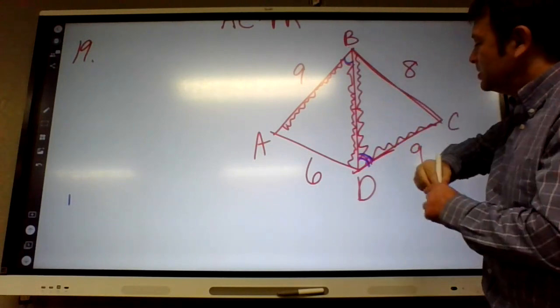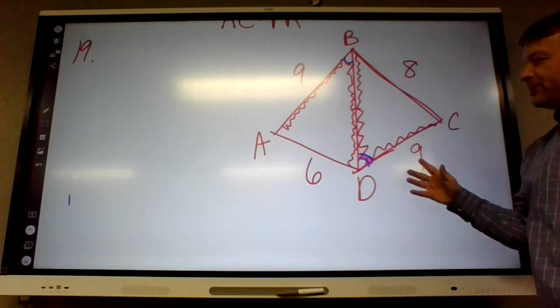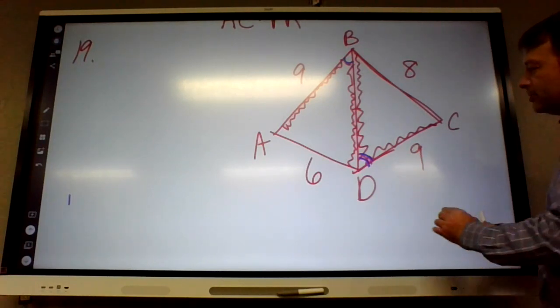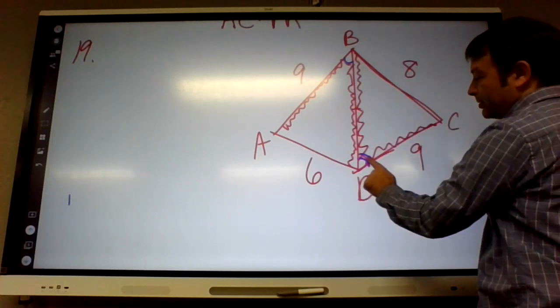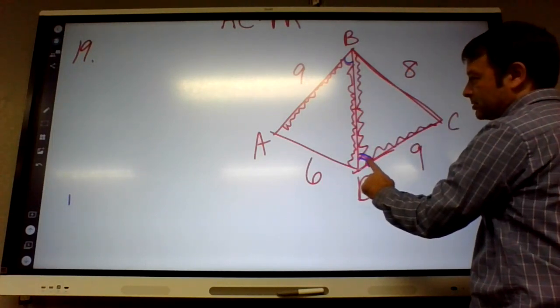There's nothing I can say about the sides. We know what all the sides are already. But this alligator opens up to an 8. That means the angle he's opening his jaw must be larger.